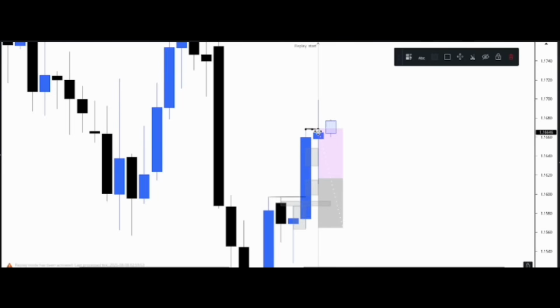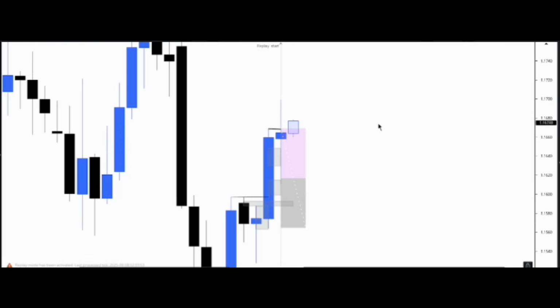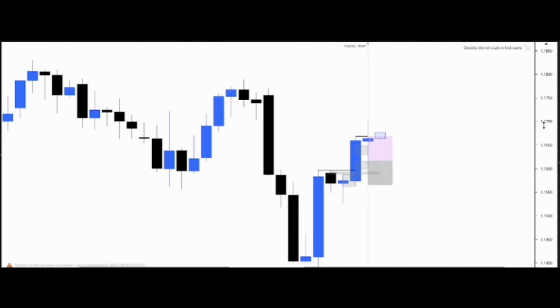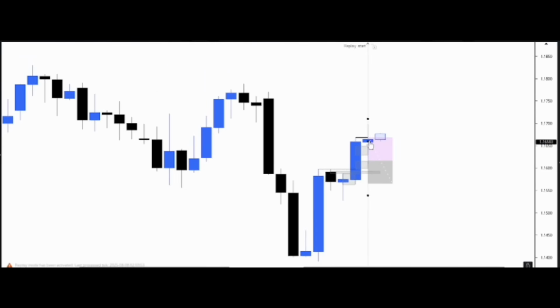It's going to be either a pullback or a reversal. Understand? So this is going to be a pullback. So price will be going down. And if you want to trade this, like I told you, it's a different strategy altogether. It's a different strategy if you want to trade this.